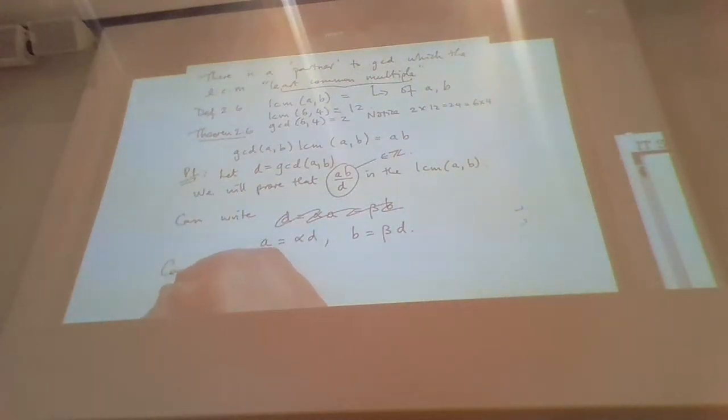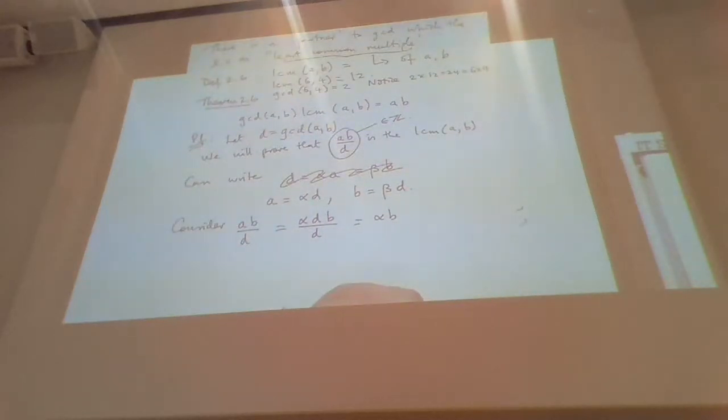So then if we consider the quantity AB divided by D, on the one hand, we can see this as alpha D B over D, which is therefore alpha B. Cancel the D's.